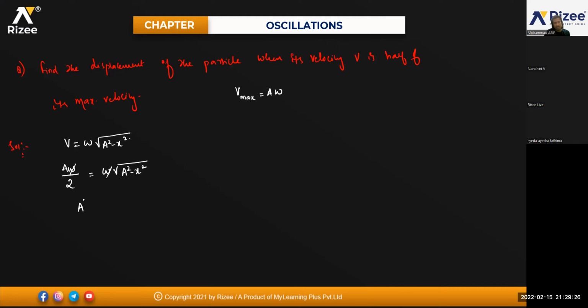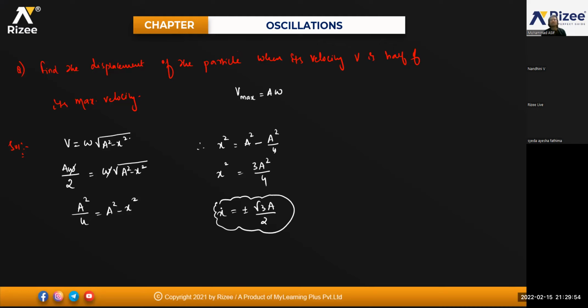If I am removing the root, a square divided by 4 equals a square minus x square. Therefore, x square equals a square minus a square divided by 4, so it is 1 minus 1 by 4. It will be equal to 3a square divided by 4 is your x square. So x will be equal to plus or minus root 3 into a divided by 2. So this will be the value of x. Go through it once.